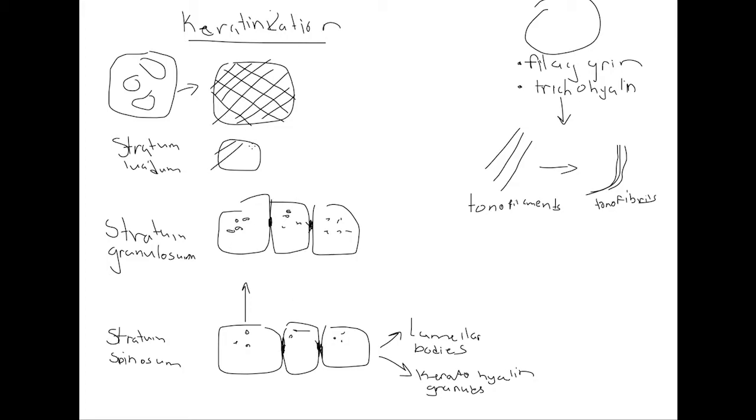So now you're going to have these cells, and they still have the desmosomes. Okay. And cells in the stratum lucidum are either very late stage keratinized or they are keratinized. So they're almost keratinized or they are keratinized. So that's the stratum lucidum.